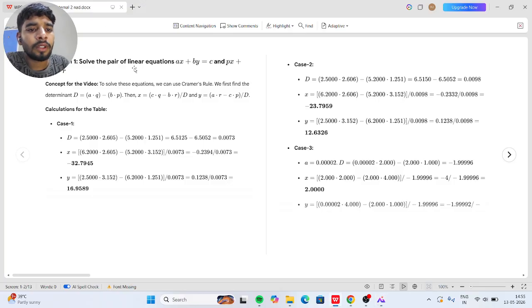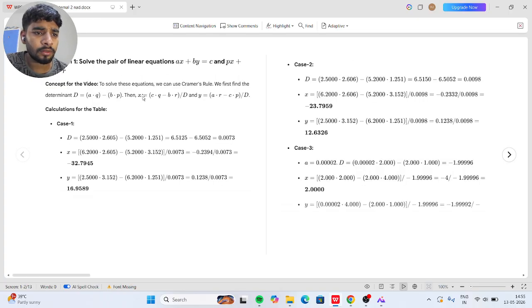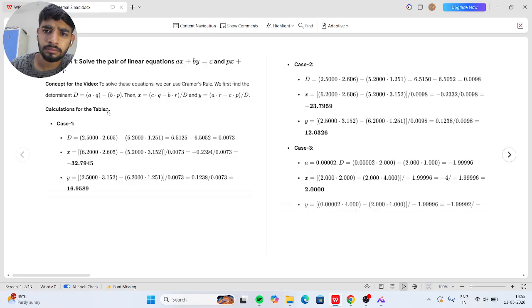Here we have to solve the pair of linear equations ax plus by equals c, px plus qy equals r, given in the question. Now here you can see a calculation table.